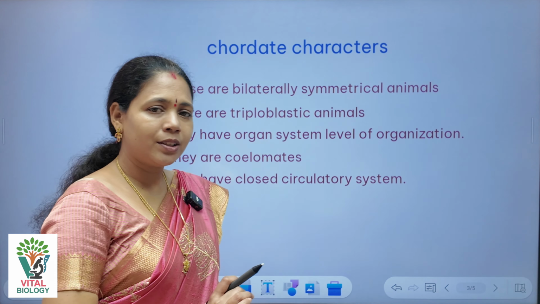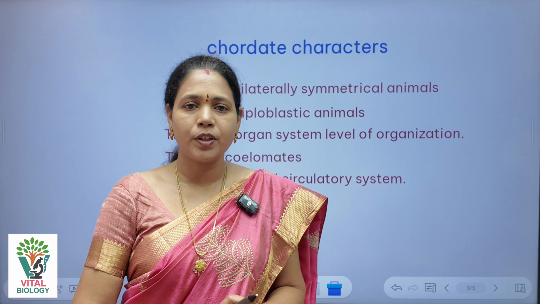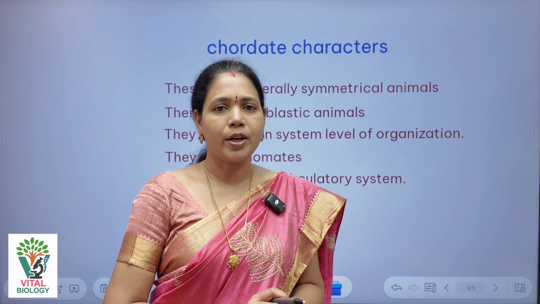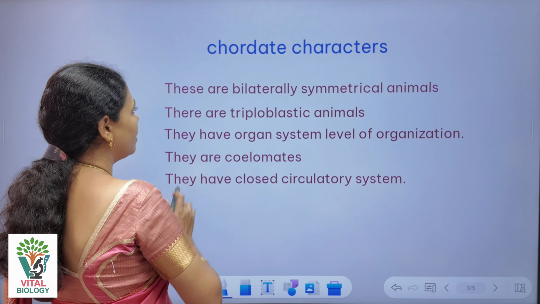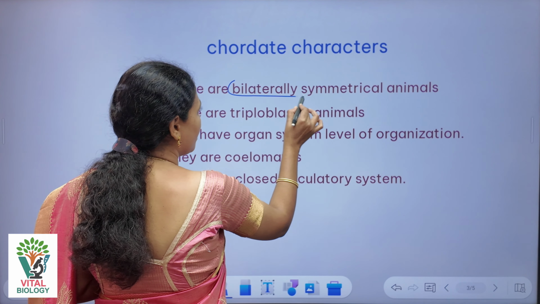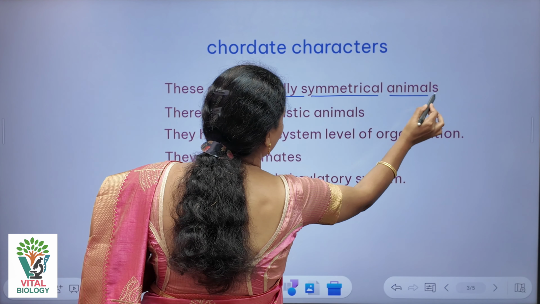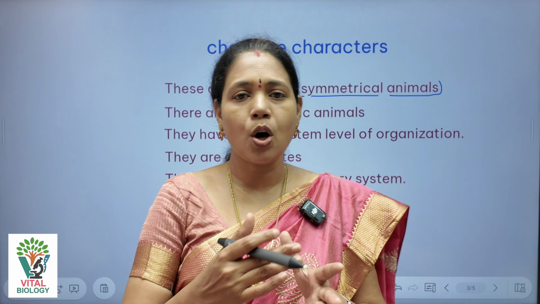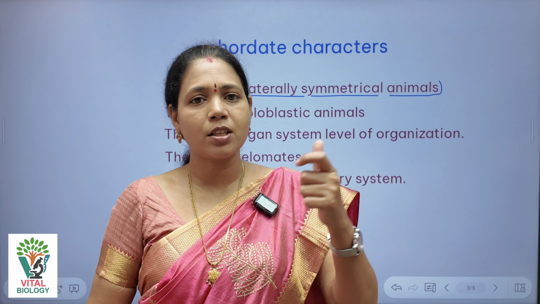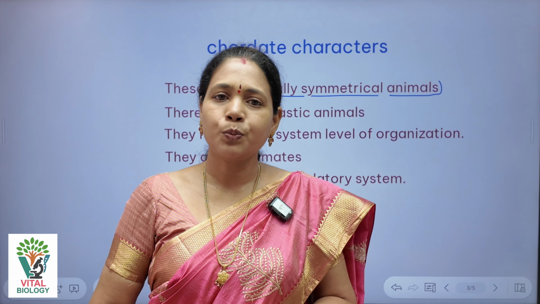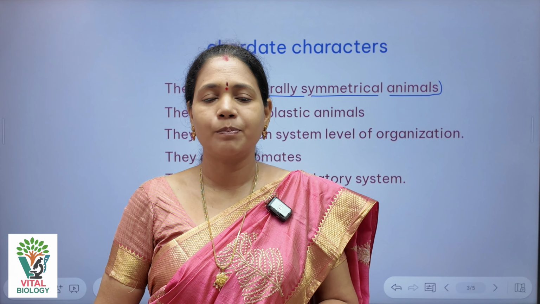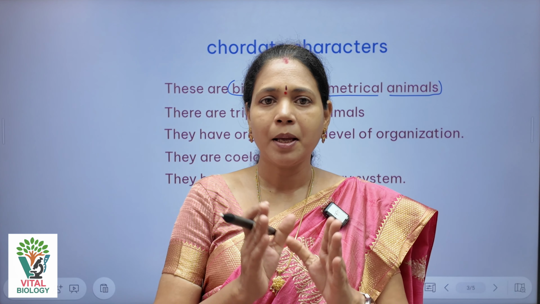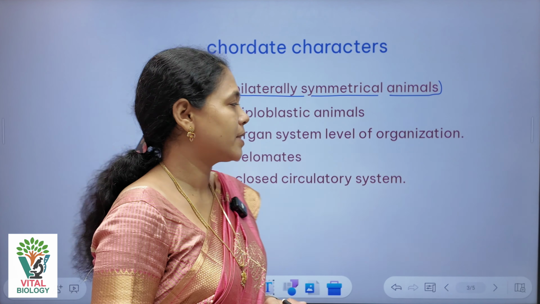And along with these fundamental characteristic features, some other general features can also be seen in chordates. These organisms are bilaterally symmetrical animals. Symmetry-wise, as they are provided with a long body axis, that is the anterior-posterior axis, if we cut the organism, we can definitely get 2 equal parts. That is why they are bilaterally symmetrical animals.